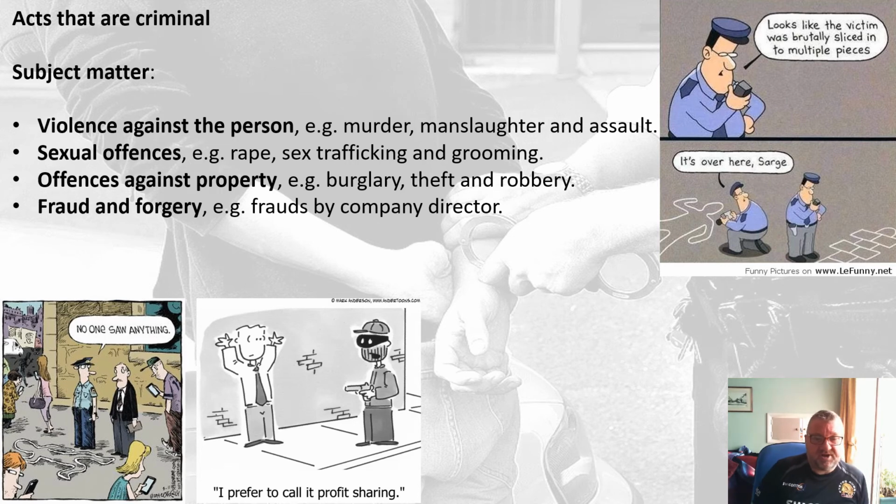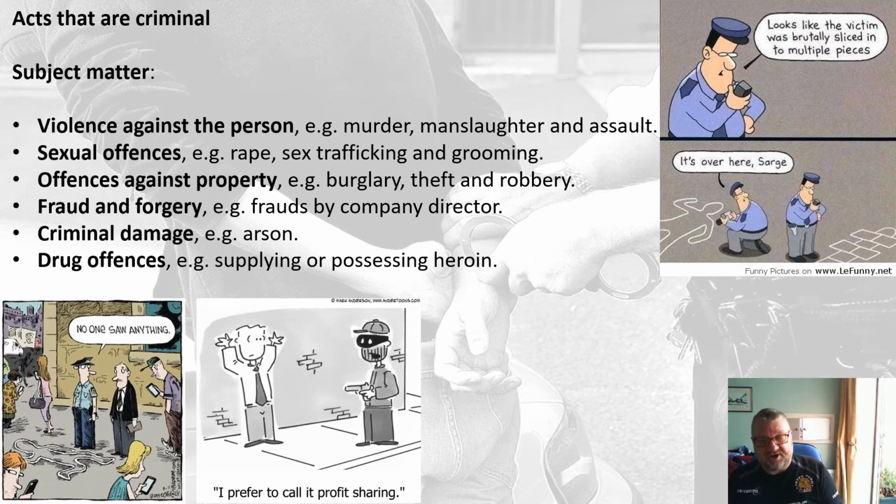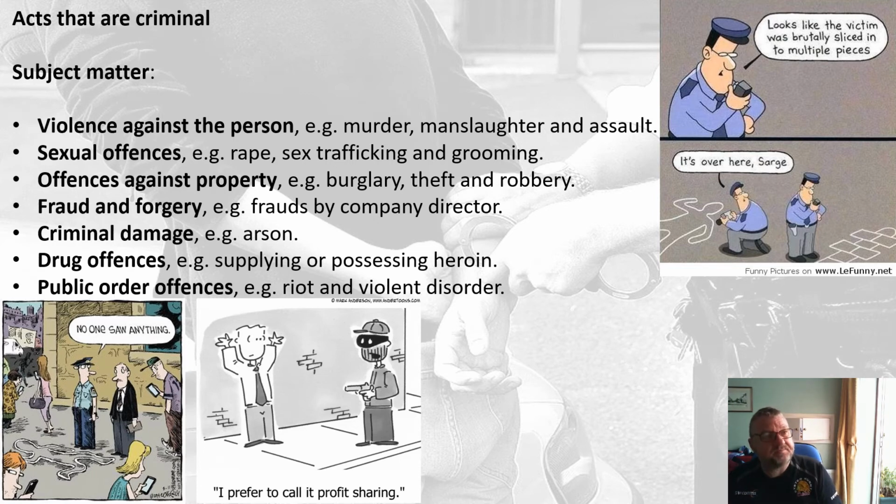Fraud and forgery, such as frauds carried out by company directors, etc. Criminal damage, arson, graffiti, whatever. And drug offences such as supplying or possessing heroin. So you can either go by seriousness or subject matter, up to you how you choose to do it. And finally, your last but by no means least, public order offences, which will be riot, violent disorder, that sort of thing.